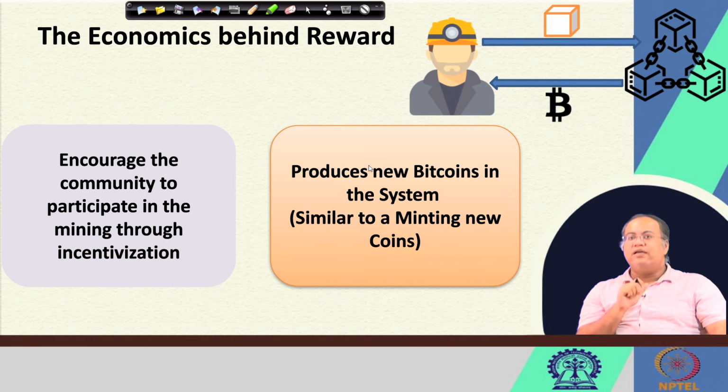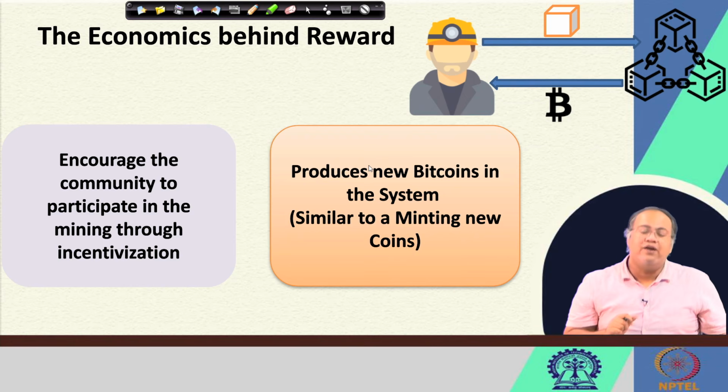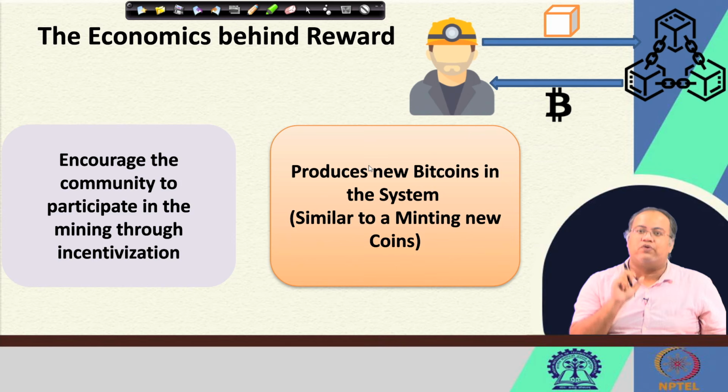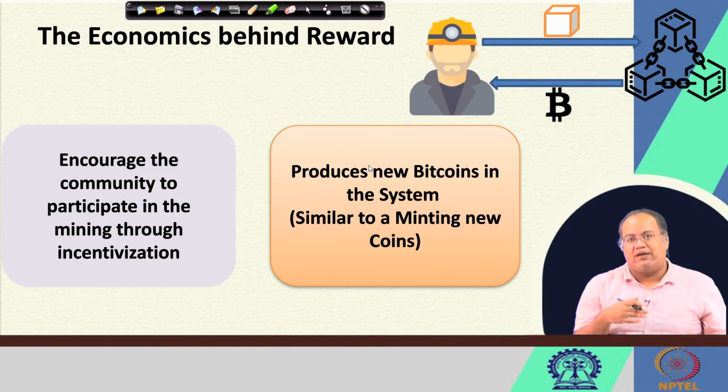So, that is the reason we say that, well, because this procedure is generating new Bitcoin, so it is basically mining the Bitcoin. Well, so that is why whenever some new block is added into the Bitcoin blockchain, it produces these new coins. That means it produces more Bitcoin, and that way the coins are getting mined.